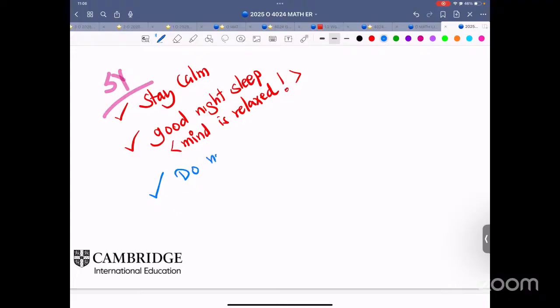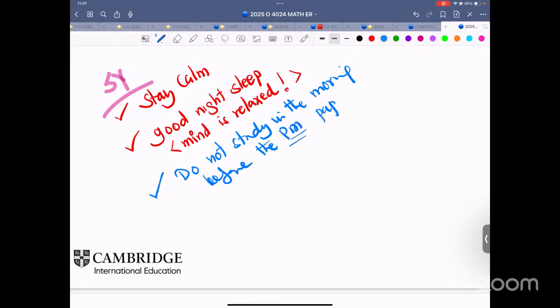Do not study the night before, or let me remove the night. Do not study in the morning before the PM paper, because your paper is in the afternoon.